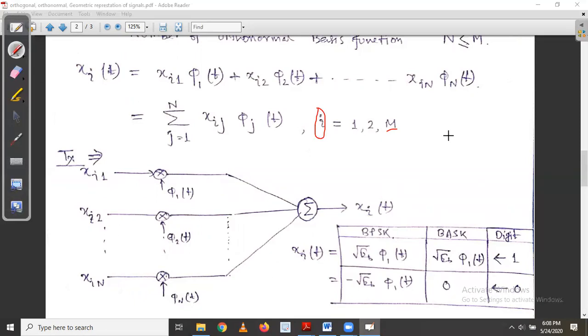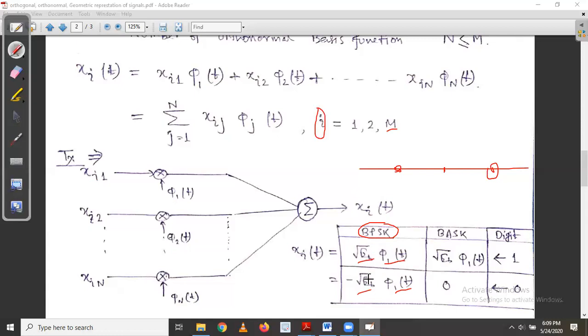For an example, suppose I am taking any BPSK signal where message points are 2. Two message points from the constellation diagram, we can say this is one message point, this is the origin, this is another message point. So two message points are there, but one basis function was there. That is why for BPSK, phi 1(t), but two different message points, root of Eb and minus root of Eb.